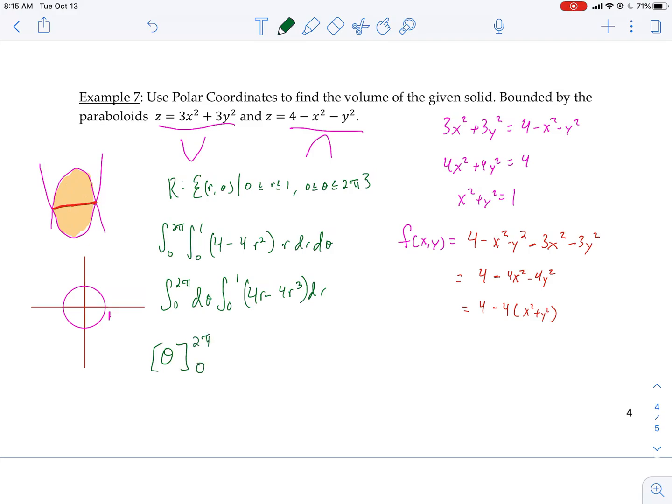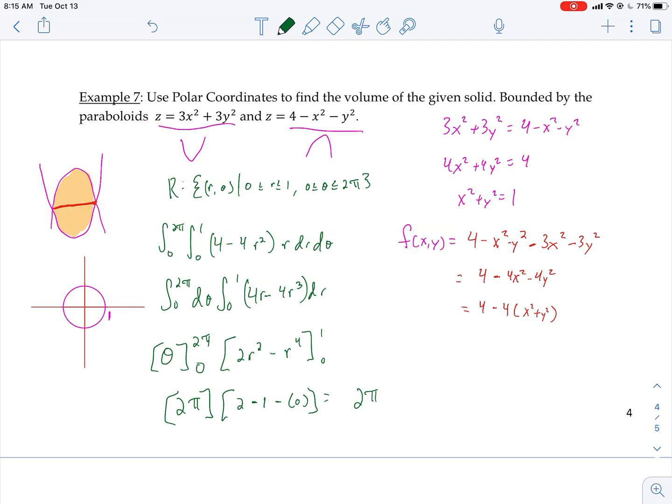So I have theta from 0 to 2 pi, and then 2r squared minus r to the 4th from 0 to 1, and I'm just going to get 2 pi for the front. 2 minus 1 minus 0. I'm just left with 2 pi.